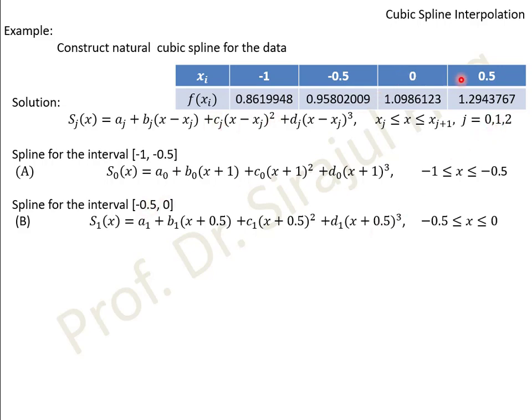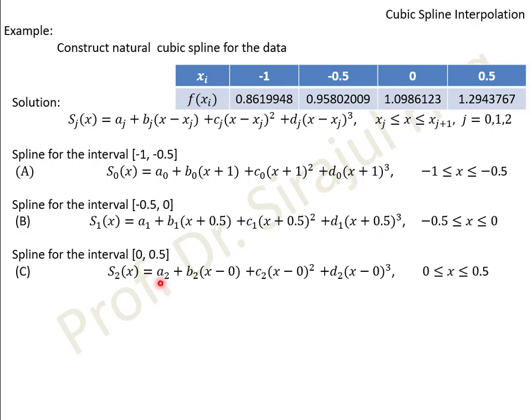Now let's define another spline between 0 and 0.5. In this interval it is given by this spline. So a2, the value of j is 2. This corresponds to j equal to 2, and xj is equal to 0. That's the initial point of your interval. These are the 3 splines we have to find. And you saw in the previous case that we had 12 unknowns and 12 equations were required.